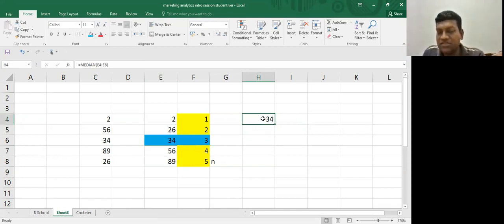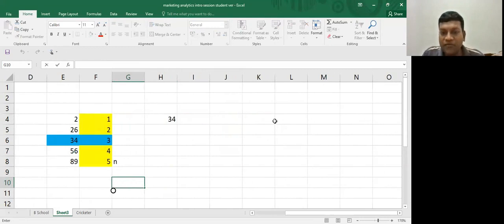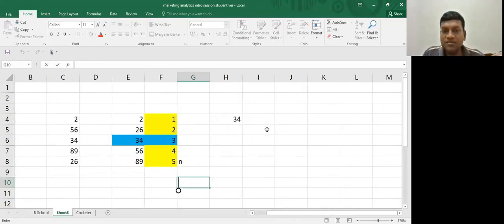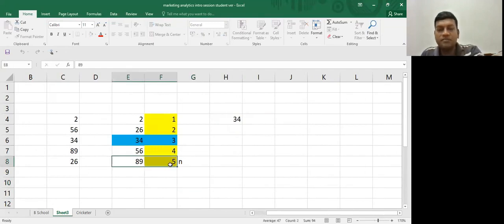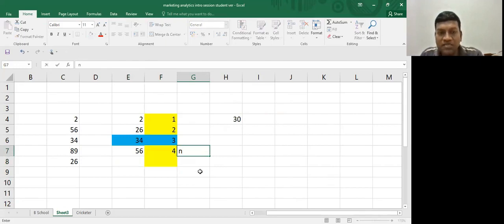Now the question that was asked is, because there are 5 numbers, (n plus 1) by 2 is exactly the third, so you can pick up the third number. Suppose our data set had only 4 numbers, without the number 89. Then the median position is (n plus 1) by 2, that is 4 plus 1, 5, 5 by 2, 2.5.